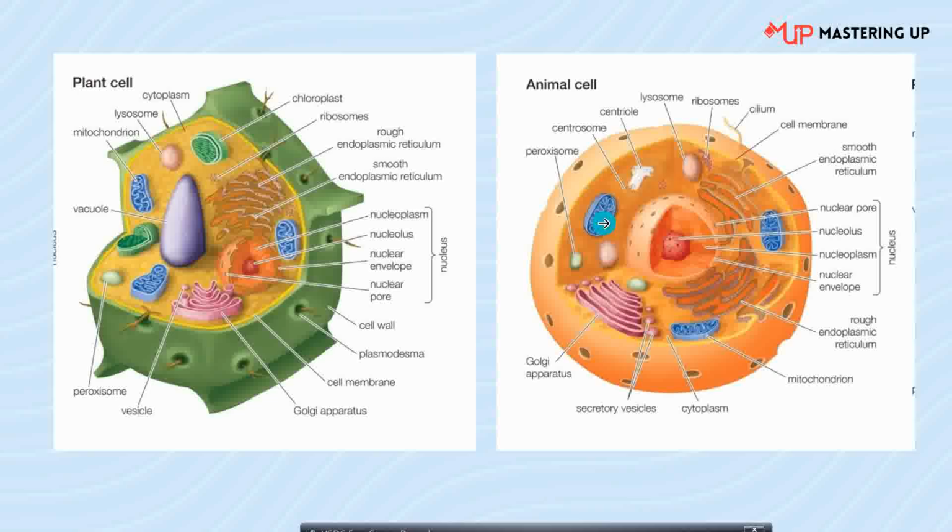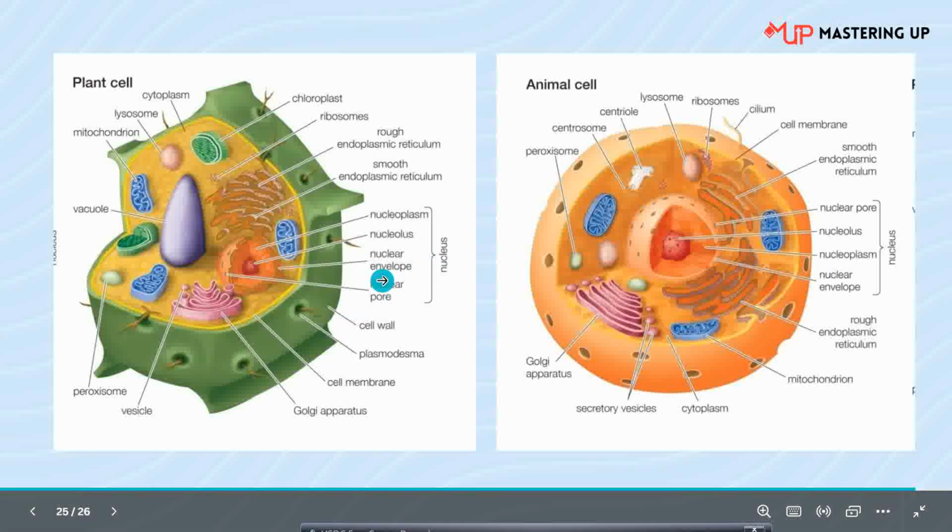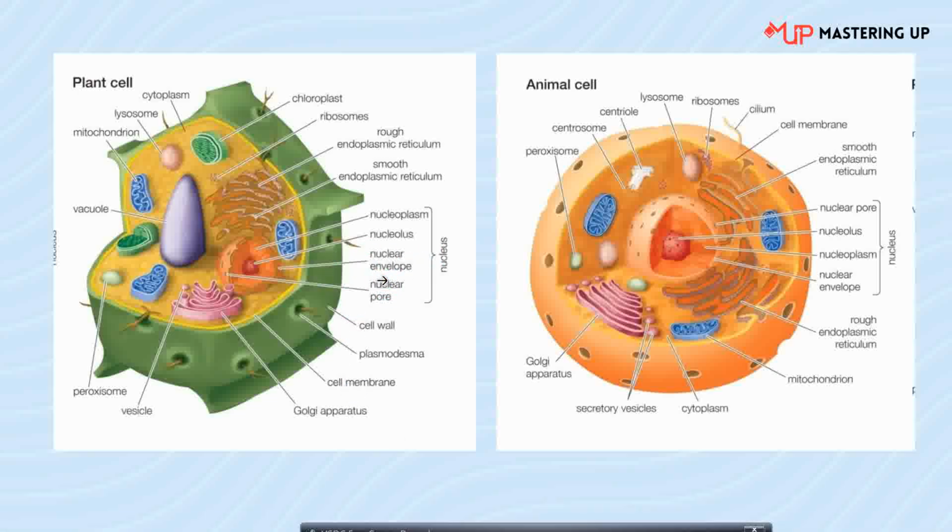That's why in that previous slide, both were shown by a single structure, because it's helpful. Another thing, plasmodesmata, we discussed in the previous class. They are only present in plant cell to connect, and they are present outside the plant cell. That's why they have not been discussed in those slides.